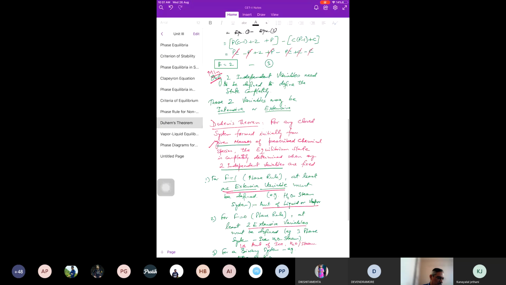For f equal to 1, phase rule says intensive properties f equal to 1. At least one amount, we need to specify at least one variable.